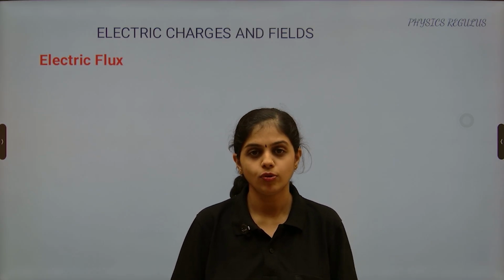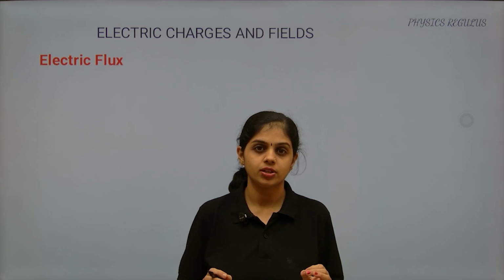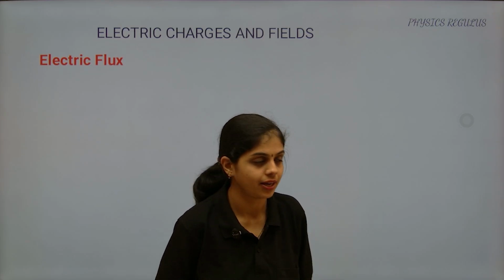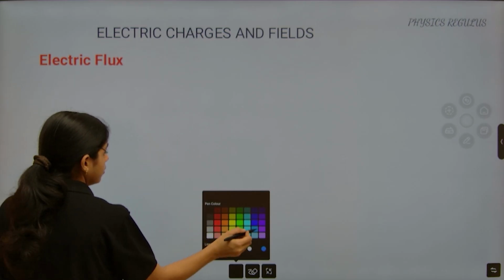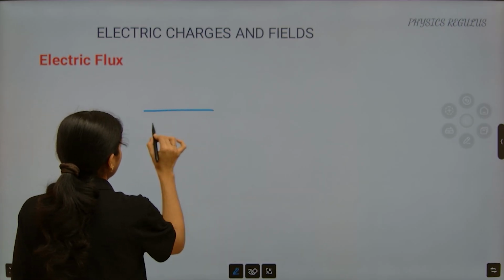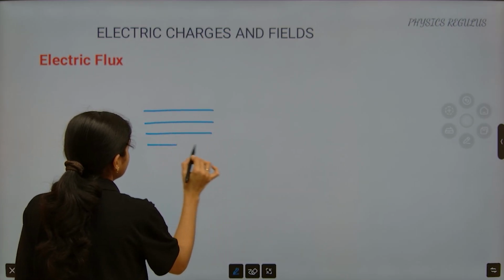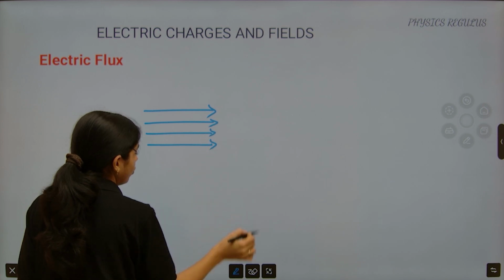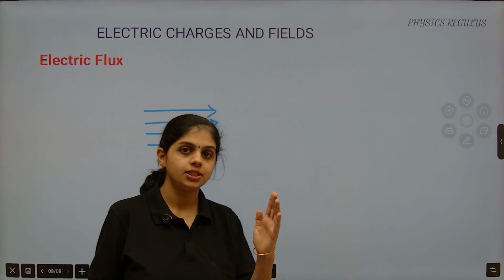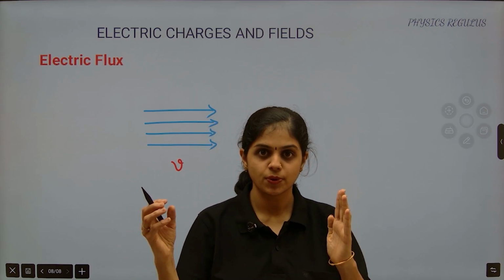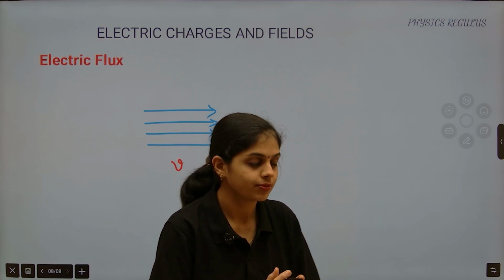Before understanding electric flux, we think about flow of liquid or flow of water. Imagine water is flowing with velocity v. Let me draw the diagram. Now consider a plane surface which is perpendicular to the flow of water.